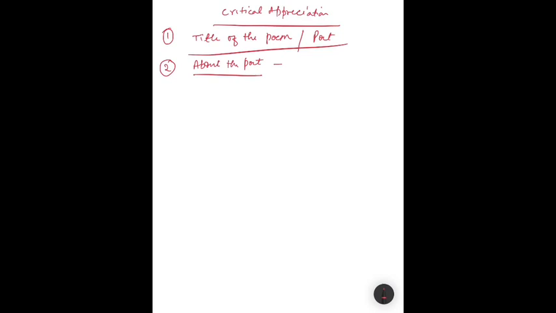Because most of the time, most of the poems, for example, are prompted by some political situations, maybe by some war or something like that. Then come to the context of the poem. This is very important. You have to write the time and location of the poem and what prompted the poet to write this poem.